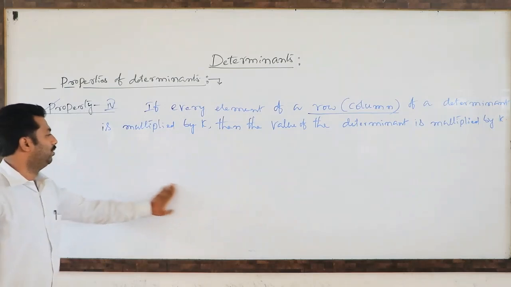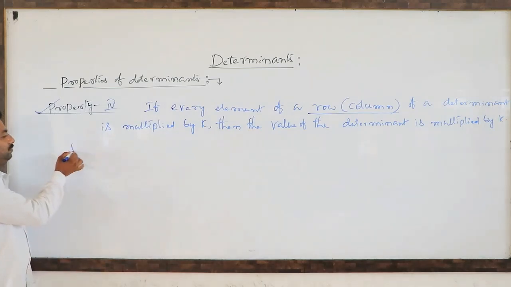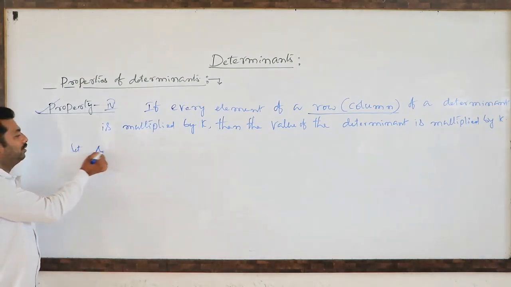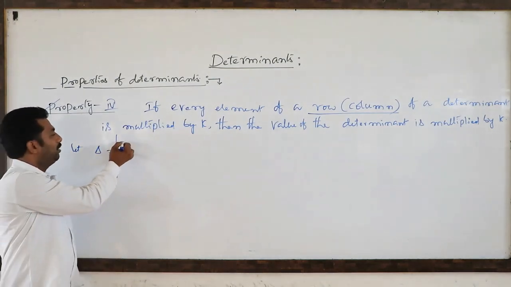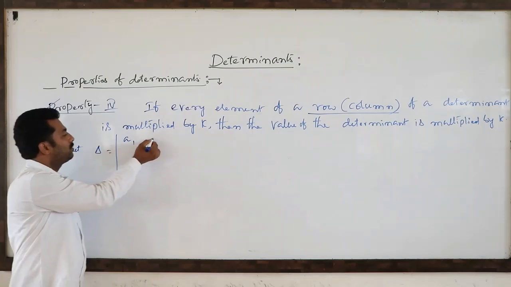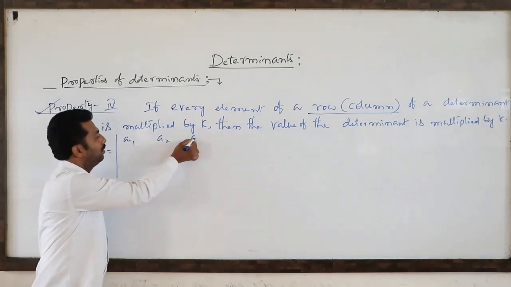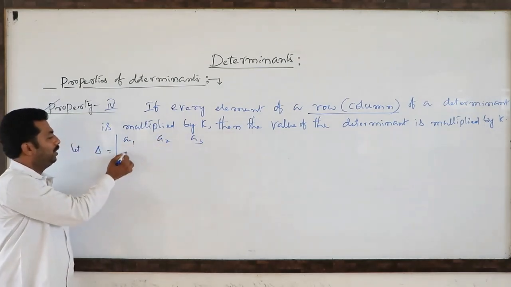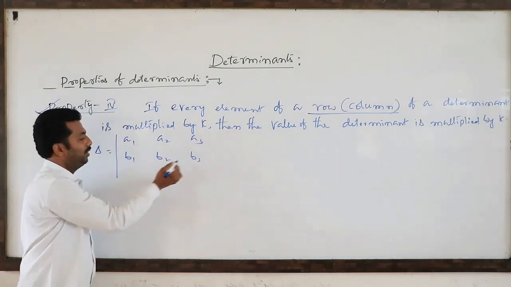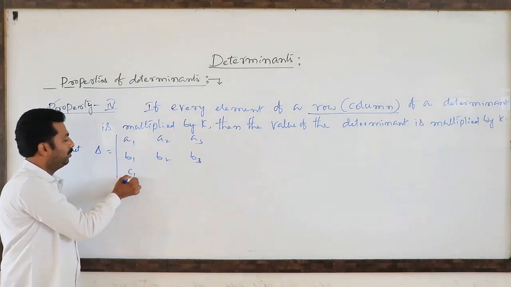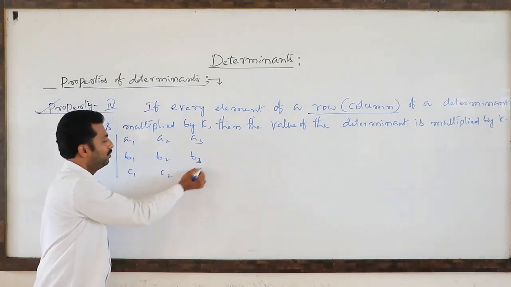So first I am taking one determinant, that is delta, with rows A1, A2, A3; B1, B2, B3; C1, C2, C3.